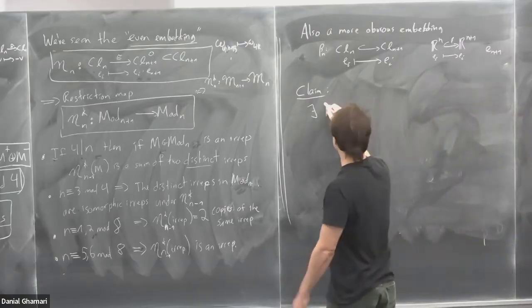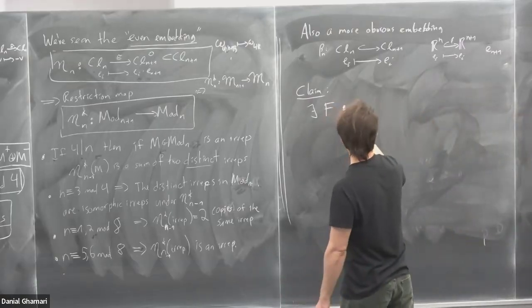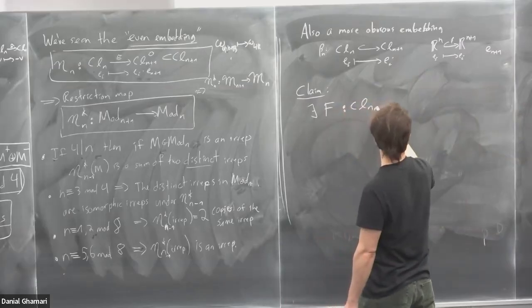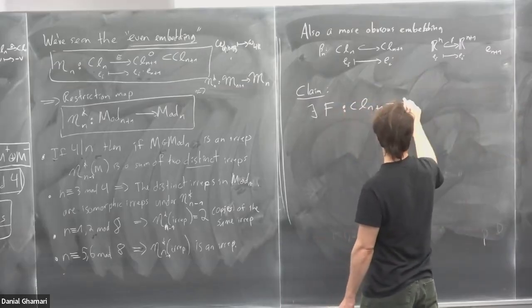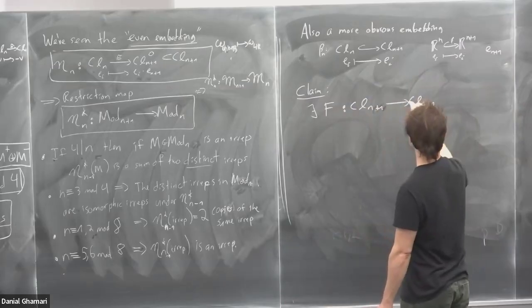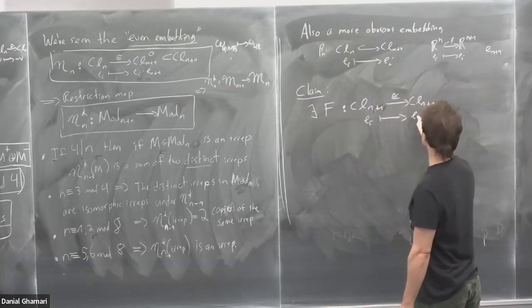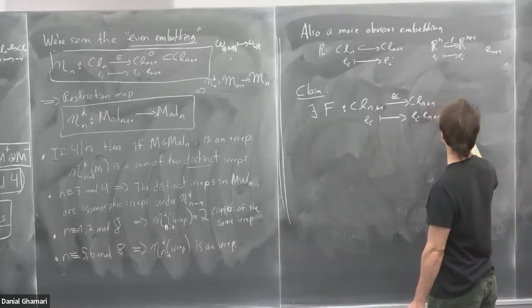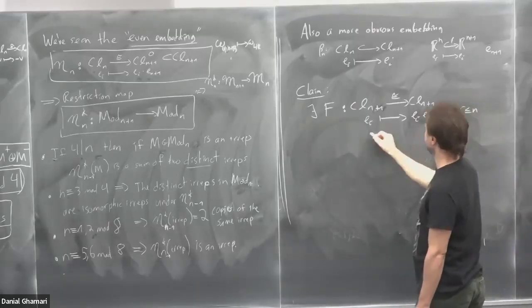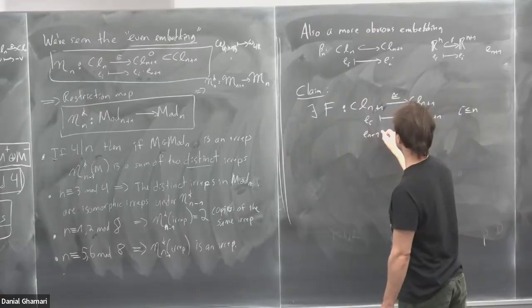So claim: there's an algebra isomorphism from Cl_(n+1) to Cl_(n+1), sending e_i to e_i times e_(n+1) for i less than or equal to n, and sending e_(n+1) to itself.